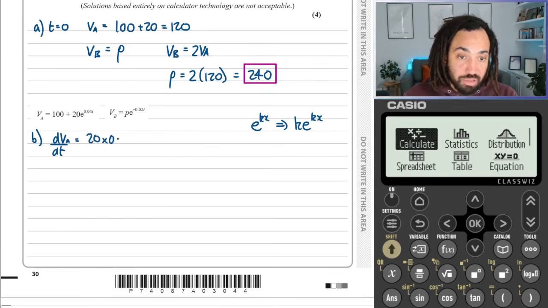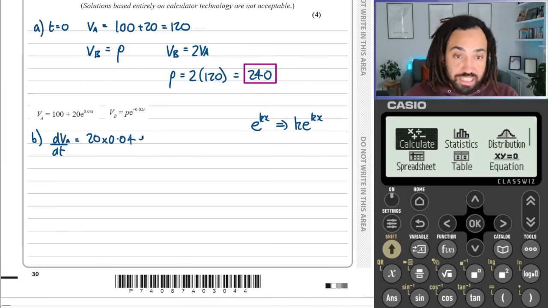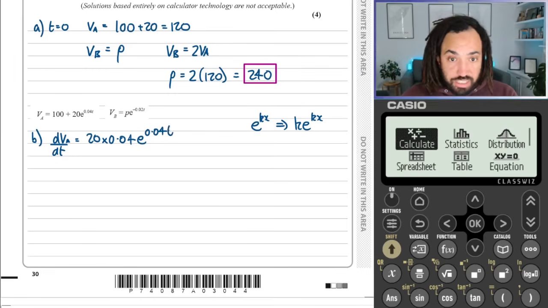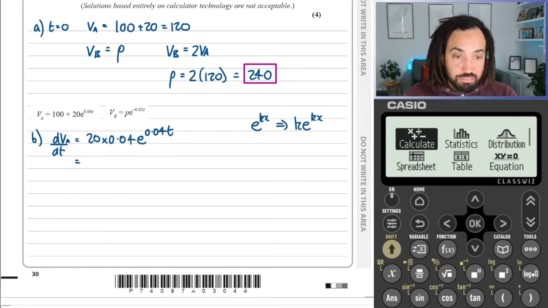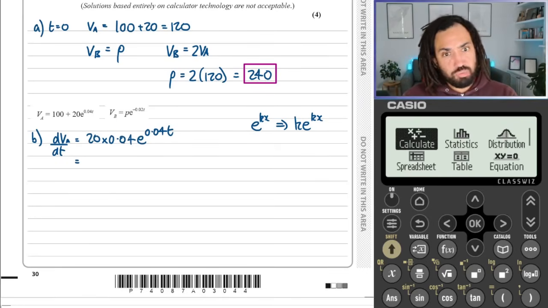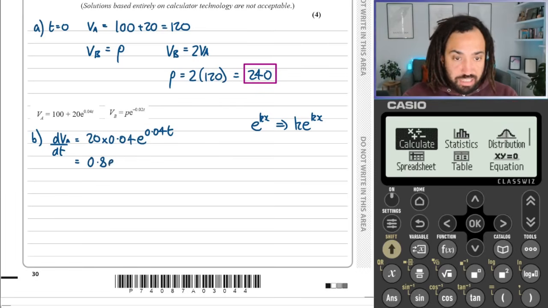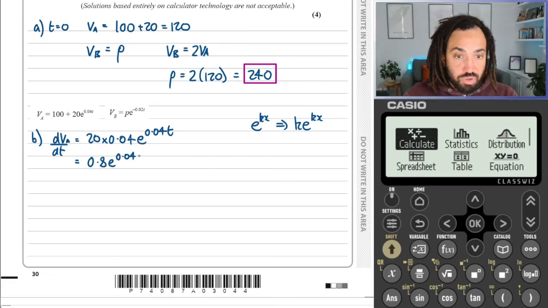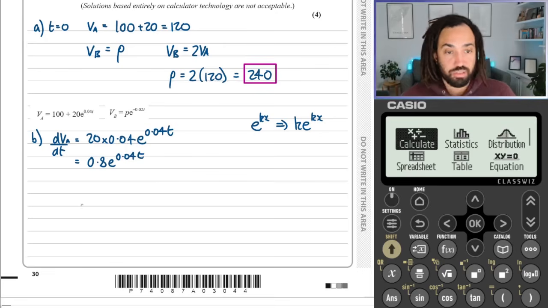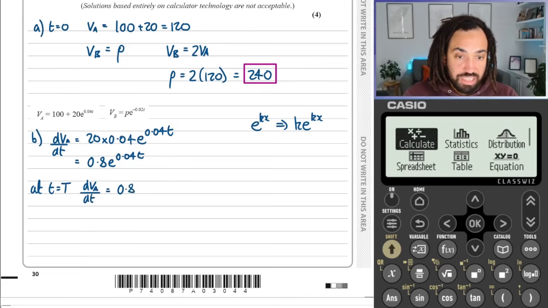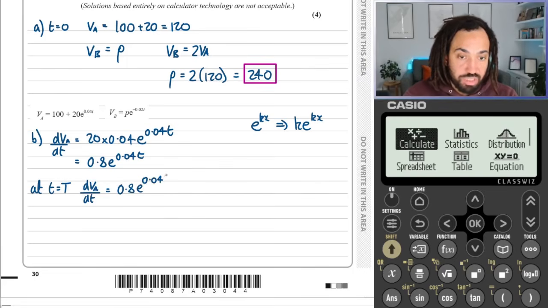So it's 20 times 0.04 and then e to the 0.04 t. Okay, great. So let's simplify that. This will be 0.8 e to the 0.04 t, like so. And then at t equal to capital T, the derivative will equal 0.8 e to the 0.04 capital T.